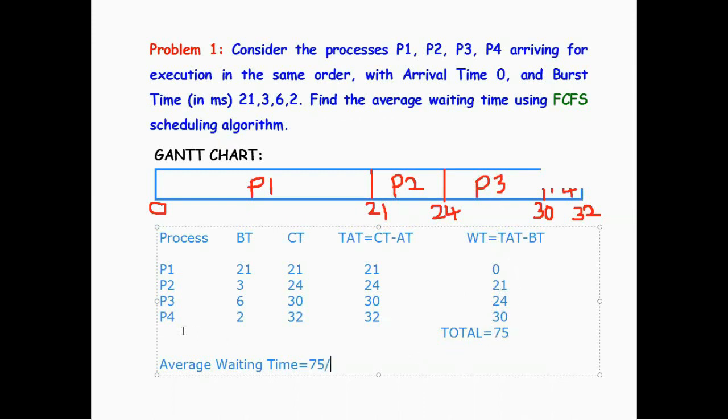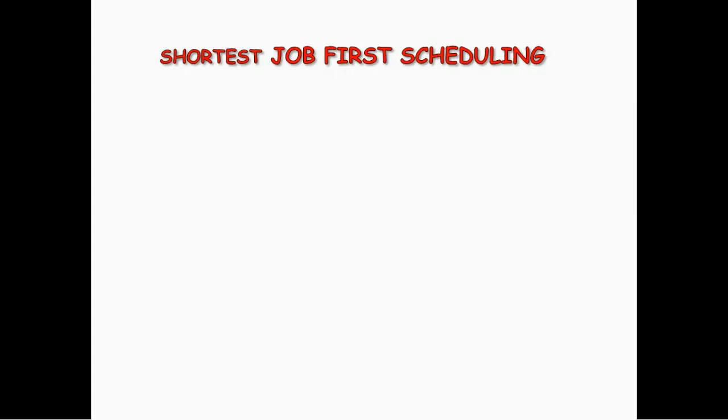Since there are 4 processes, this is equal to 75 divided by 4 will be equal to 18.75. Since the time unit is given in milliseconds, it is 18.75 millisecond. So this is the way how to compute the average waiting time using FCFS schedule. Let us see about shortest job first scheduling.